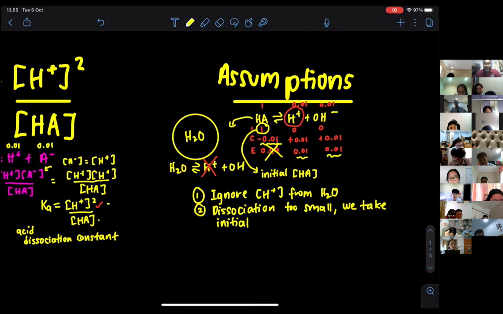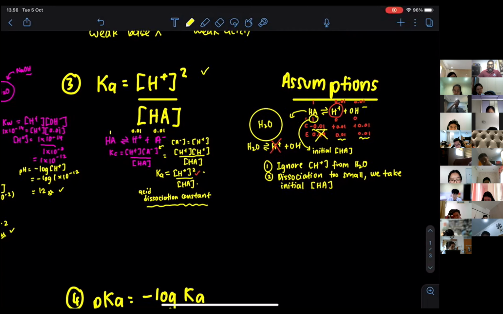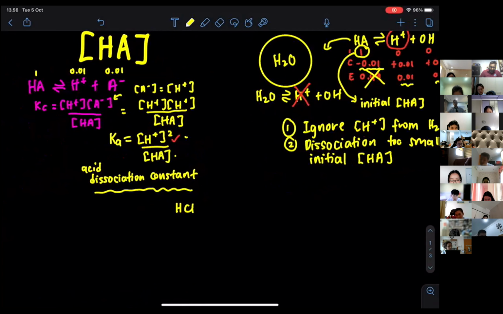Ka is what we call the acid dissociation constant. It's a measure of how much the acid is dissociating. You do not need to measure that when you are dealing with HCl, because HCl is completely dissociated.